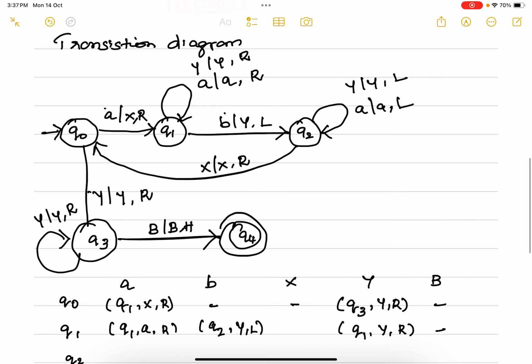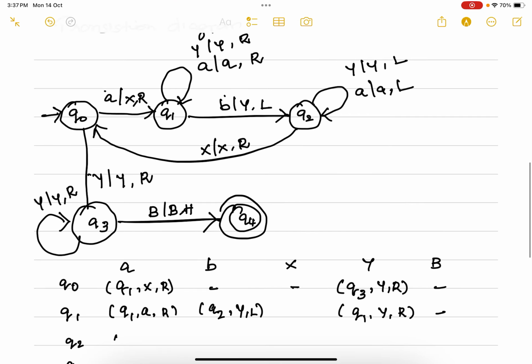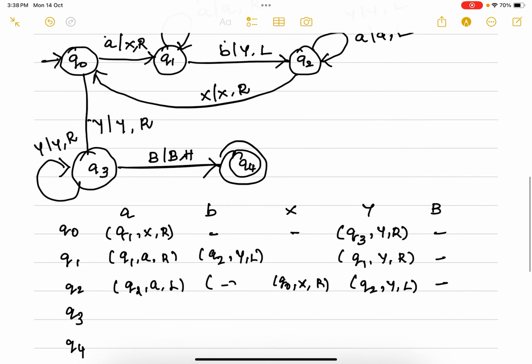For Q2 you have three transitions: A, X and Y. For A it remains in the same state, A replaced with A and moving towards the left. For B there is no transition. For X it is going to Q0 replacing with X and moving towards right. For Y it is staying in state Q2 replacing Y with Y and moving towards left. There is no transition for blank.